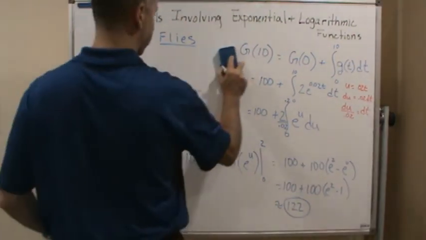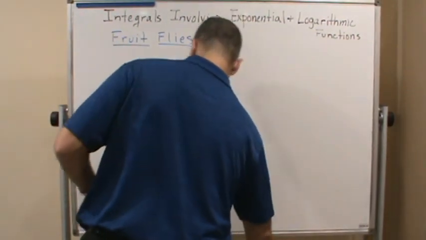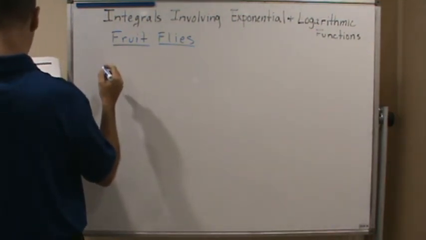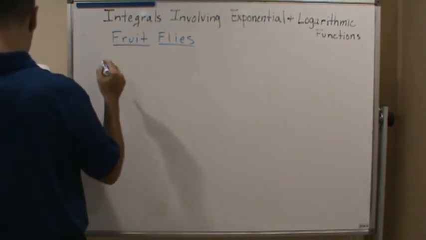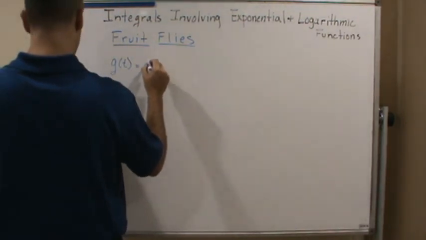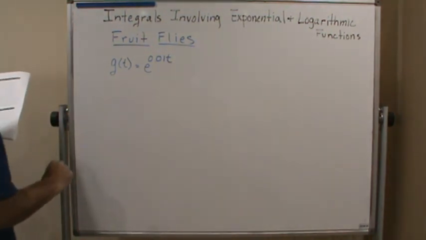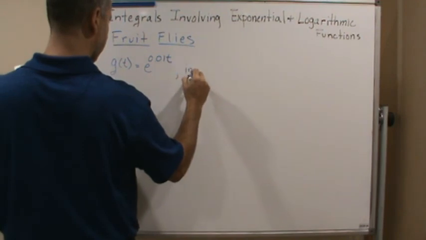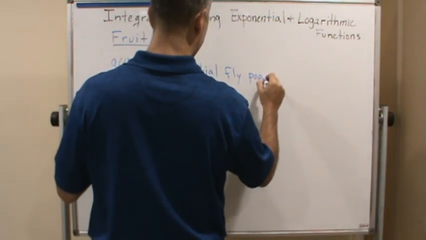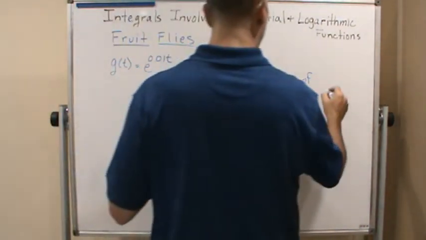Here's another one for you. Try this one on your own. Let's say we have a growth rate of the fly population given by g of t equals e to the 0.01t, and we have an initial fly population of 100 flies.